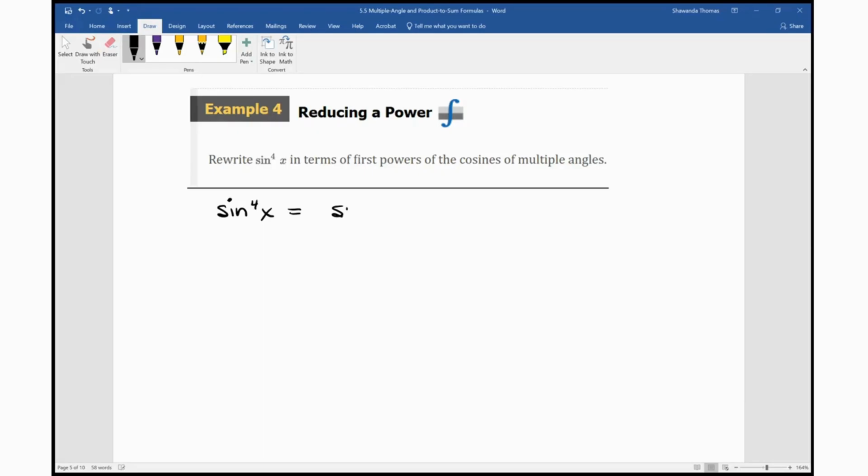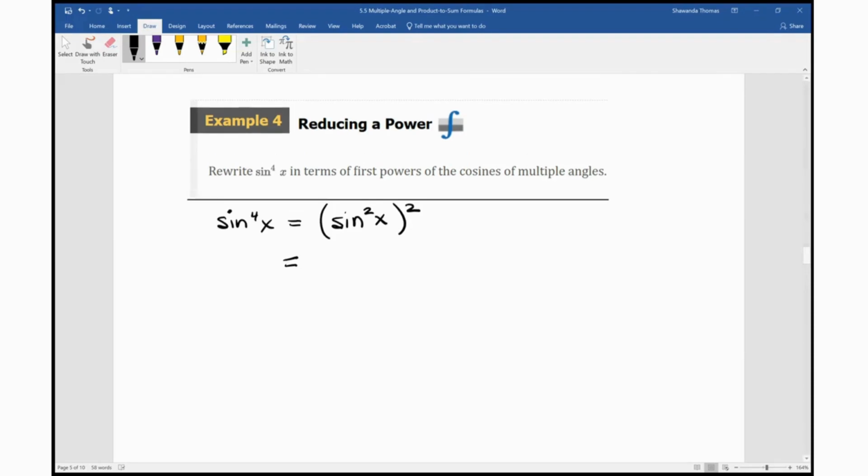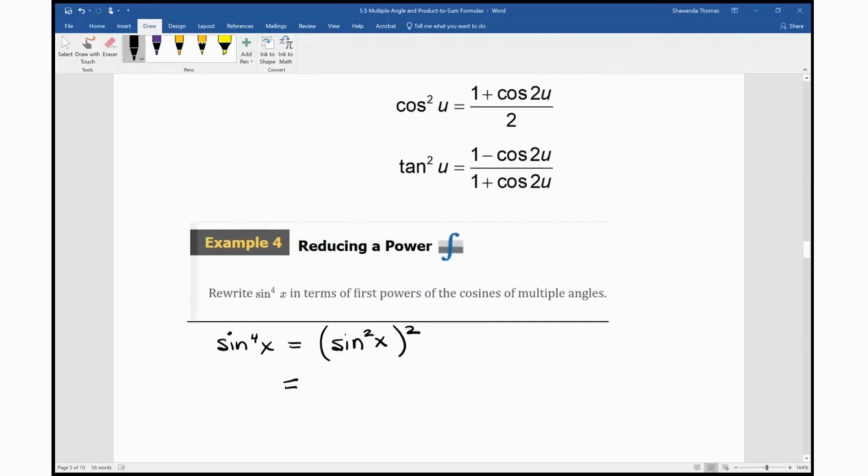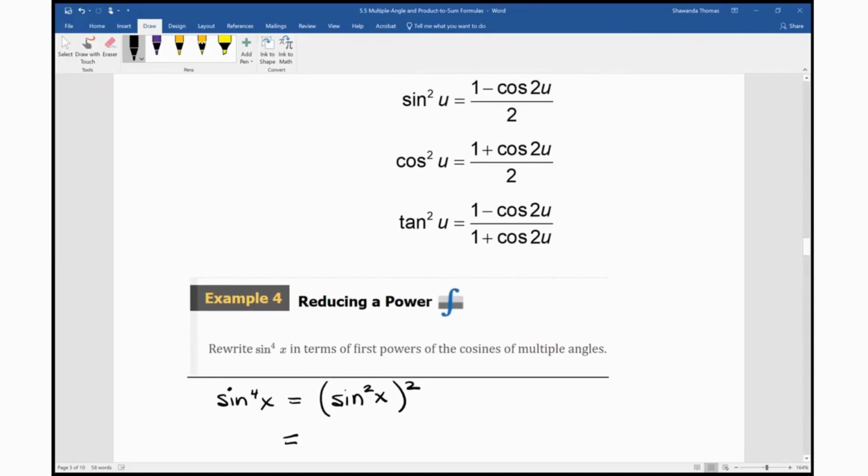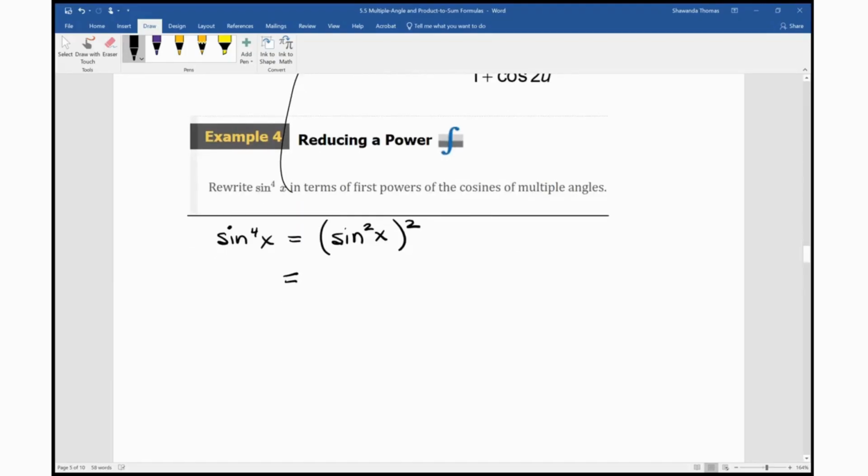So we have some formulas for sine squared of x. If we squared that, that's the same thing as sine to the 4th power. One of our formulas for sine squared of x is this one right here. We're going to make a substitution. So that's 1 minus cosine 2x over 2.